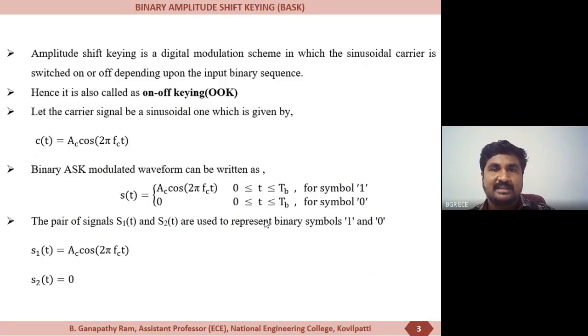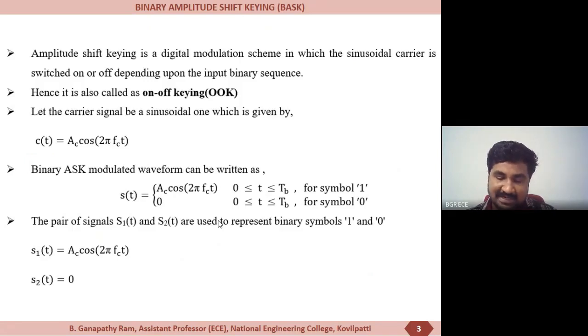So let us start with the time domain representation of the binary amplitude shift keying signal. Amplitude shift keying is a digital modulation scheme in which the amplitude of the sinusoidal carrier is switched either on or off depending upon the binary input sequence.